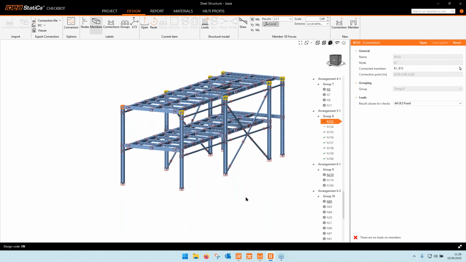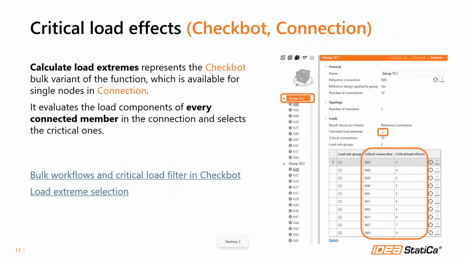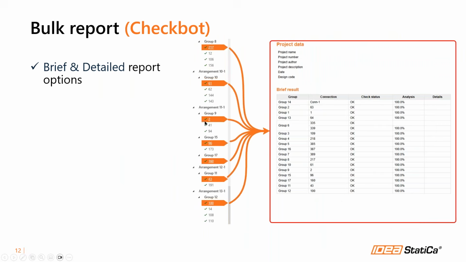There you will be able to run the buckling analysis as well, and you will be more flexible with the reports, which I will show in a minute. Yeah, so that's it. Let me just briefly jump back to my presentation. And as I mentioned, this critical load effects algorithm is also available in Connection App itself.